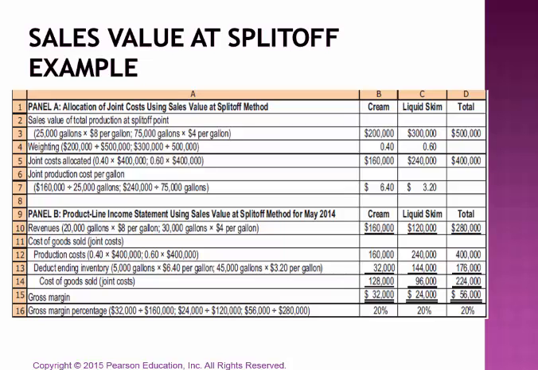We can do the exact same thing for the liquid skim. So 240,000 in production cost minus 144,000 in ending inventory. Cost of goods sold is going to be 96,000. Subtract that from revenues to give us gross margin of 24,000, also having a gross margin of 20%. You can use this over here as your check figures.